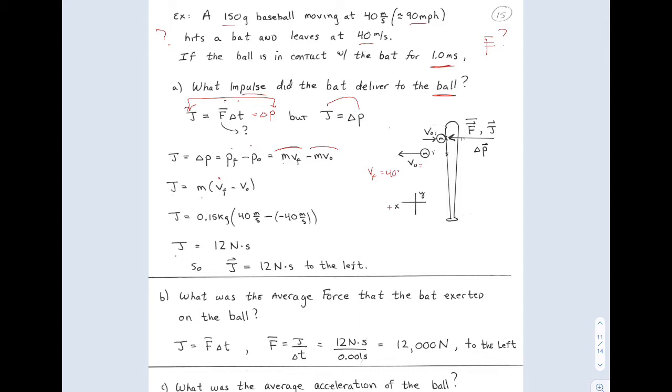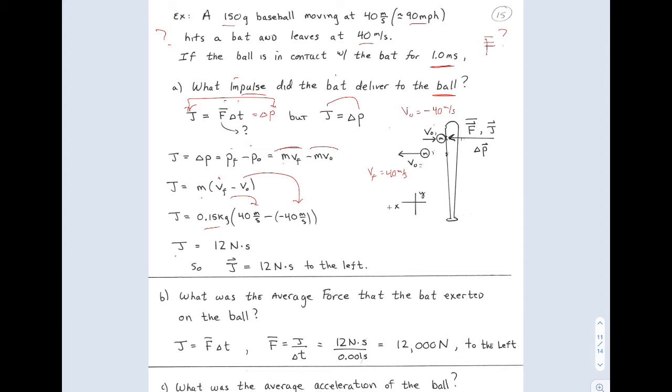My initial velocity is minus 40 because it's heading to the right, which is my negative direction. So V final is 40, V initial is minus 40, and that's the mass of the ball. I put this in the calculator, and the impulse that the bat delivered to the ball would be 12 Newton seconds. Since it's positive, it's to the left.